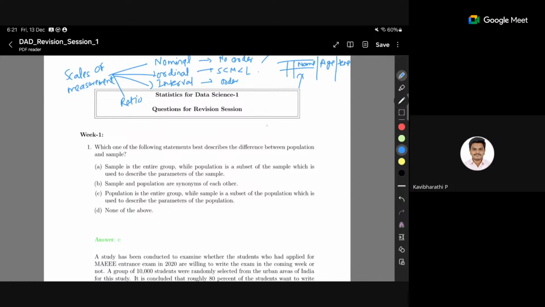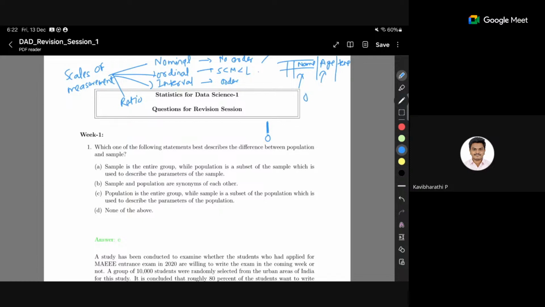So what does it mean by reference zero? Let's say some variable, any variable you can take, let's say age or income. If zero means empty, like that variable is vanishing at that point, I mean it doesn't exist at that point. Let's say zero age.